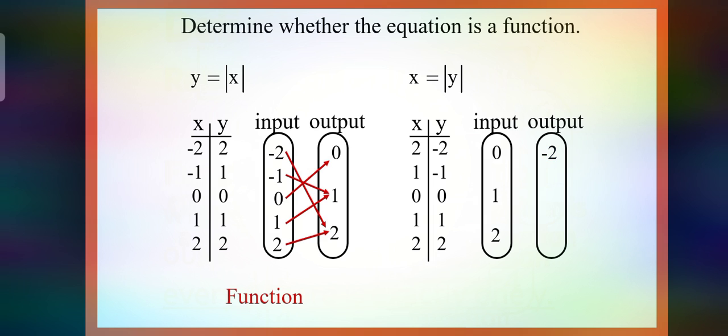For the output, we have negative 2, negative 1, 0, 1, and 2. Let us see through mapping. 0 is for 0, 1 is for negative 1, 1 is for 1, 2 is for negative 2, 2 is for 2. So x is equal to the absolute value of y is an example of not a function.